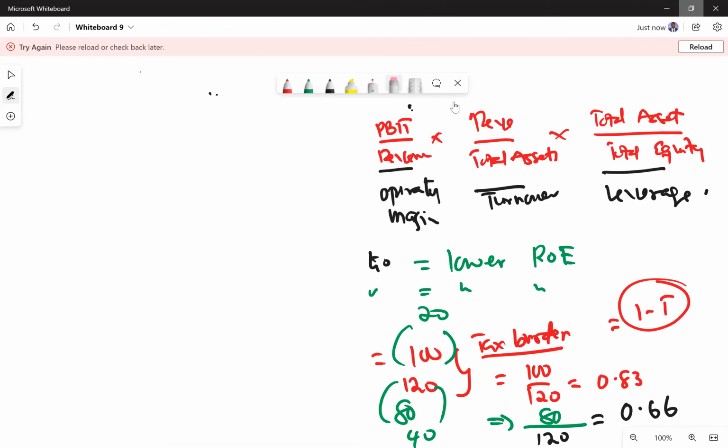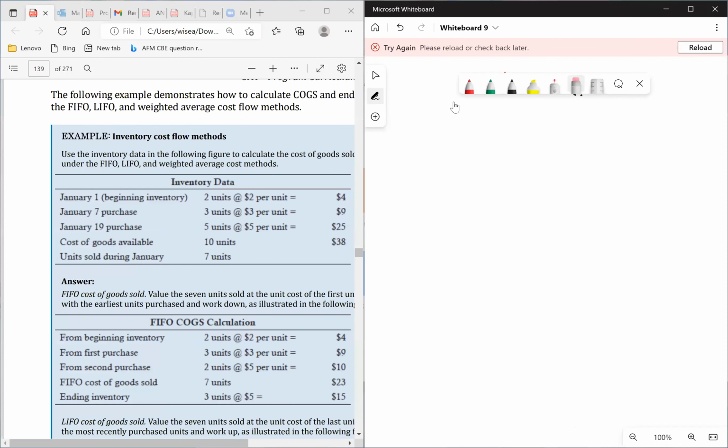So the LIFO reserve comes in when you are comparing the financial statement of a company that reports under IFRS and the financial statement of a company that reports with what? US GAAP. So with the US GAAP, or if you are an analyst, you are supposed to do a reconciliation between the IFRS compliant company and a US GAAP compliant company.